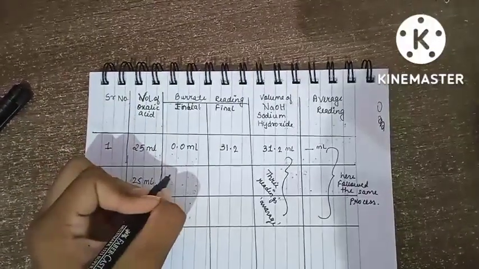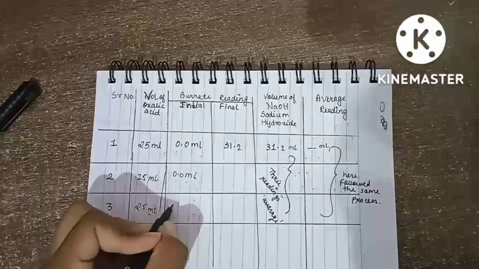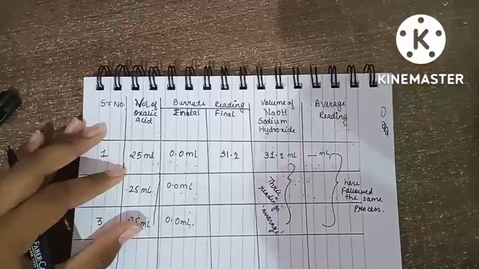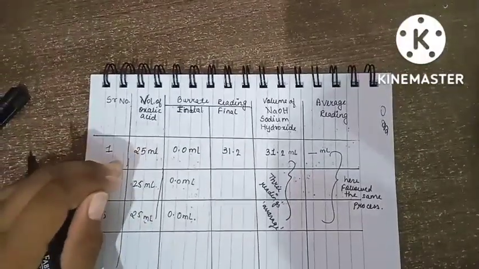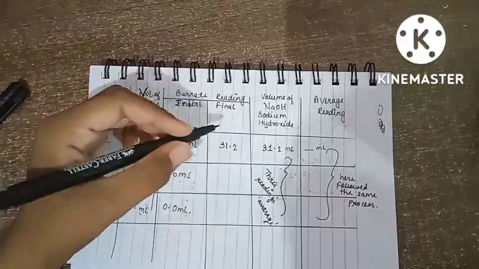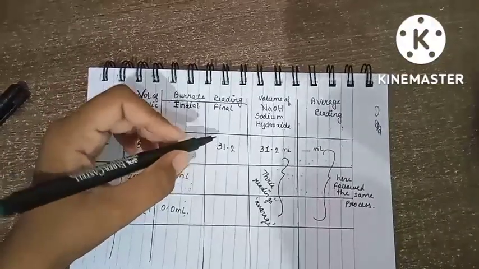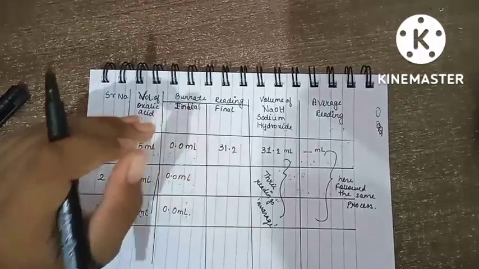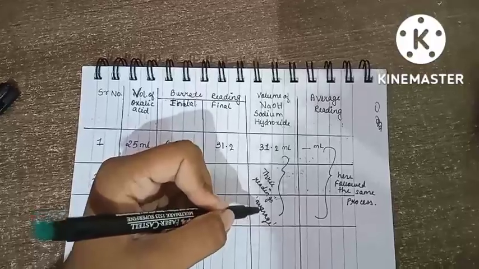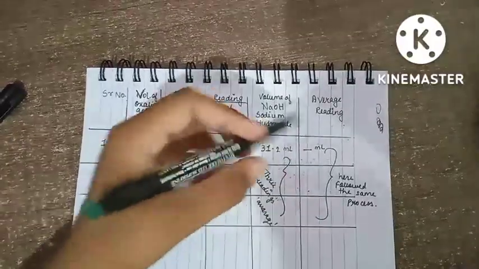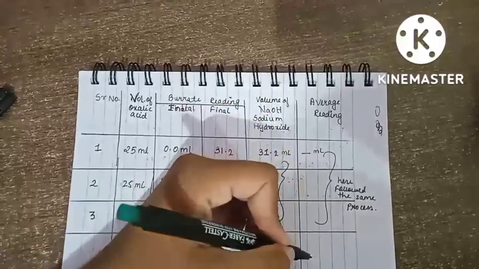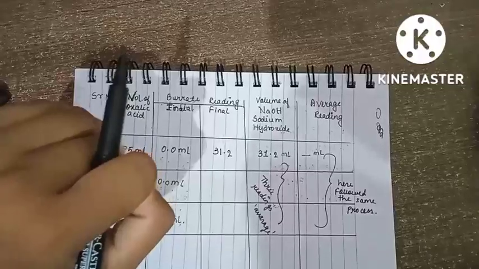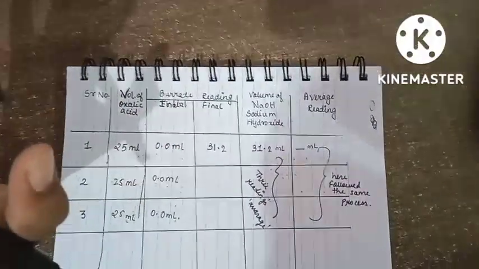Our initial reading will always be 0.0 ml, because this initial reading is the starting reading when the burette has the NaOH at 0.0 ml, and when the titration is performed and pink color comes, that reading is our final reading or equivalent point, as we all say. So again the 3 readings will come. Then we will go for the average reading, and the same process we will perform. And just keep in mind that all these units are in ml.